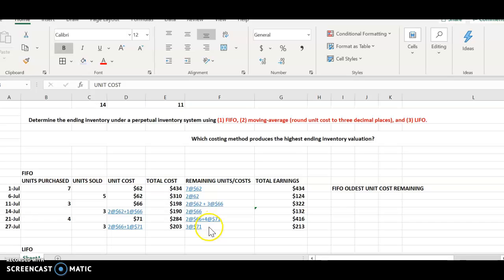The remaining inventory is then 3 units times 71. Since we sold, we subtract the total cost from the total, and that gives us 213. That's the ending inventory here.